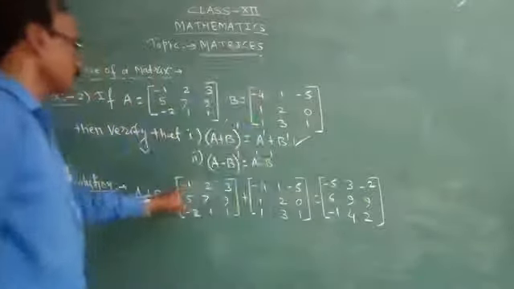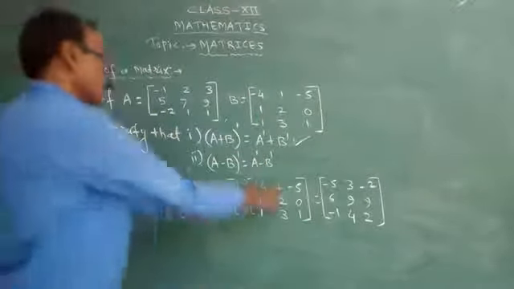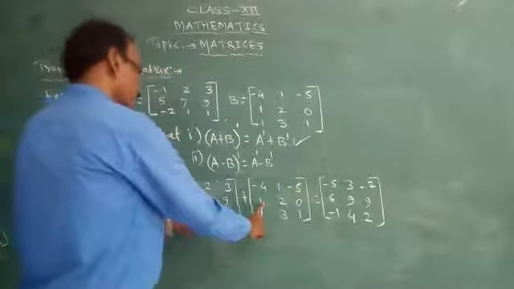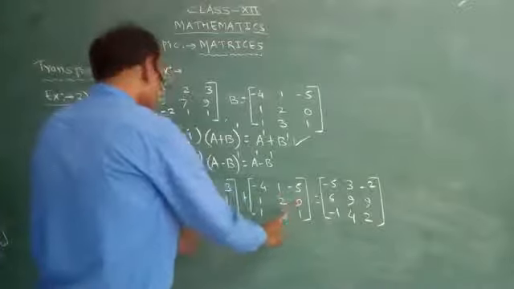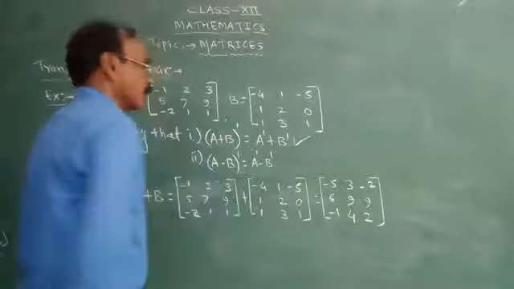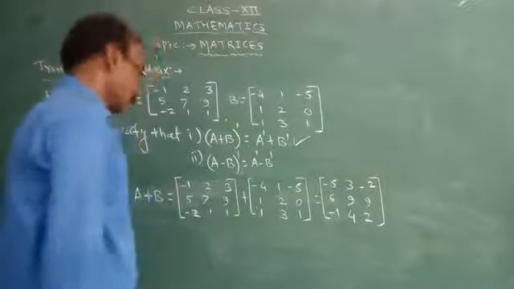Check once more: minus 5, 3, minus 2, 6, 9, 9, minus 1, 4, 2, correct. So this is your A plus B.